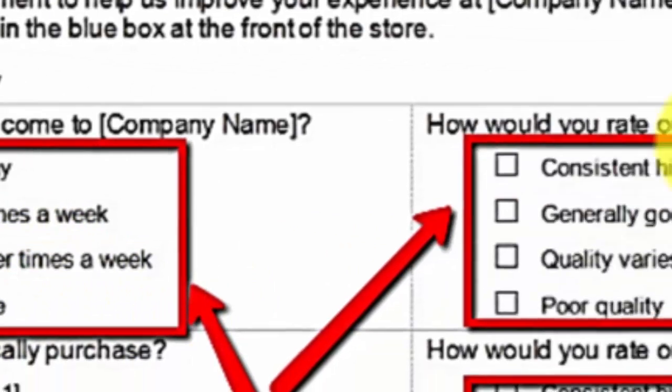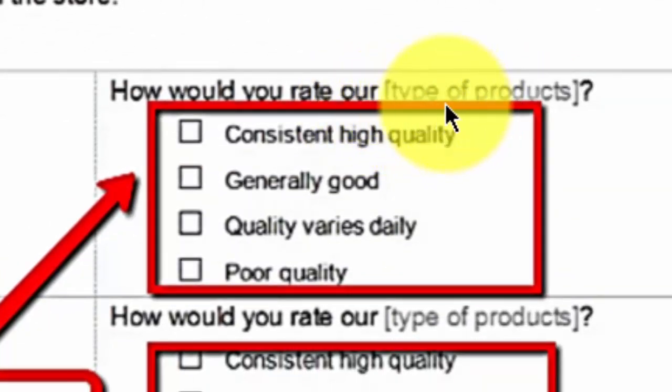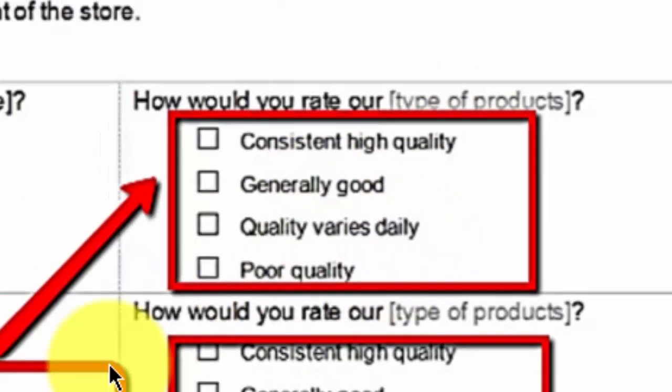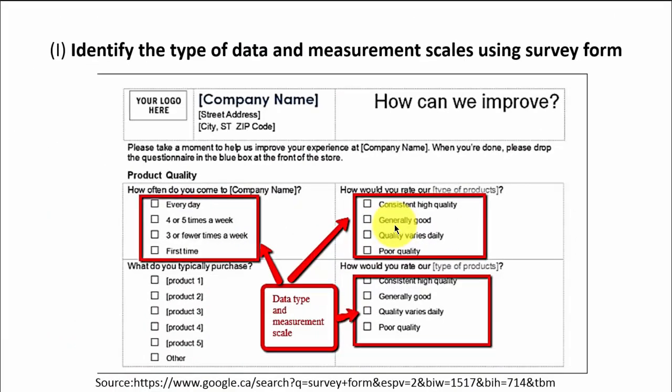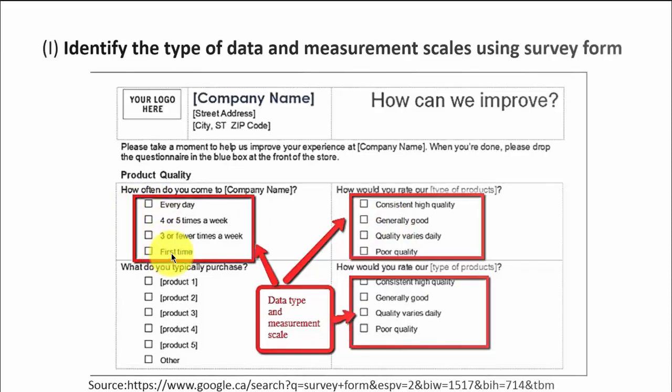Or how would you rate these products, whatever could be there? Maybe it's your coffee. How do you rate your coffee? Is it consistently high quality, generally good, quality varies daily, or is it poor quality? So you could see that these questions are asking people to respond, and there are some categorical categories available to you to respond to.